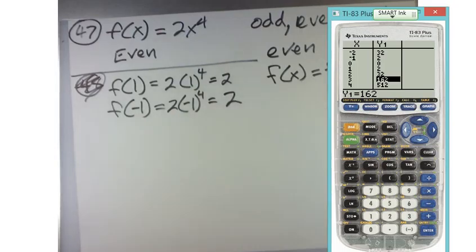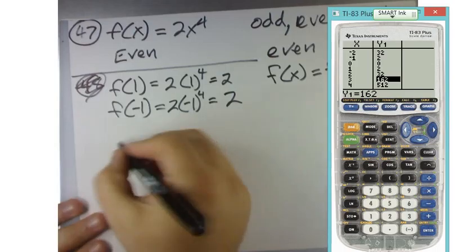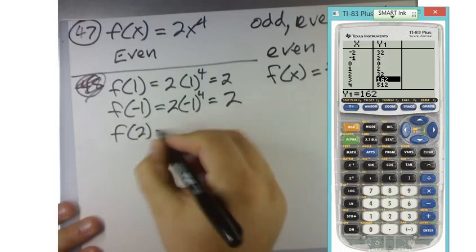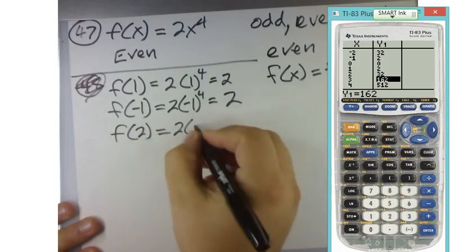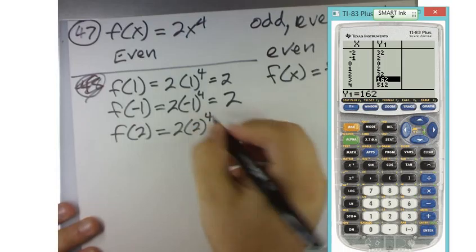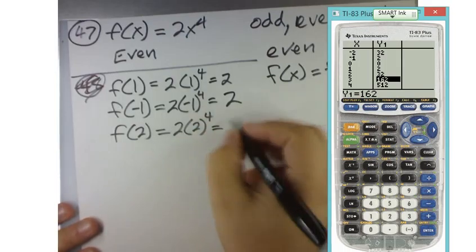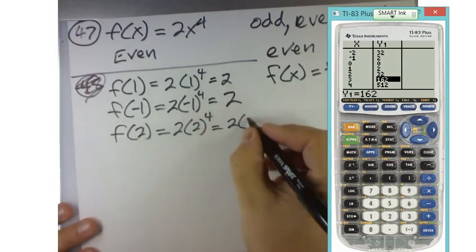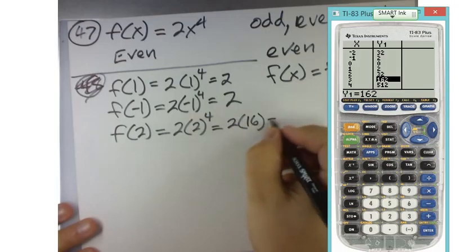Do you see how that works? You could pick any number and arbitrarily plug it in. If I were to say f of 2, I would get 2 times 2 raised to the 4. 2 to the 4 is 16, so it's 32.